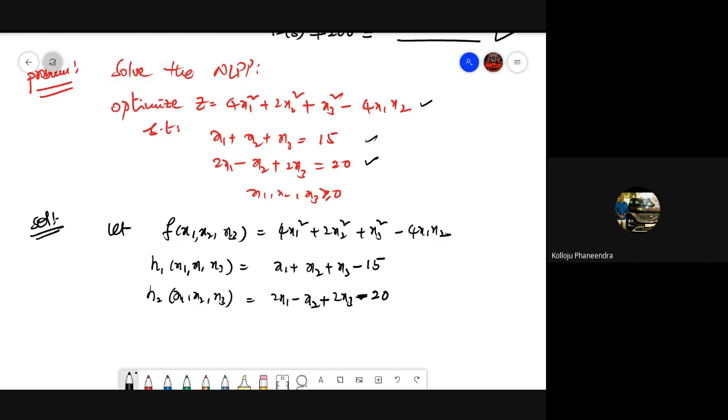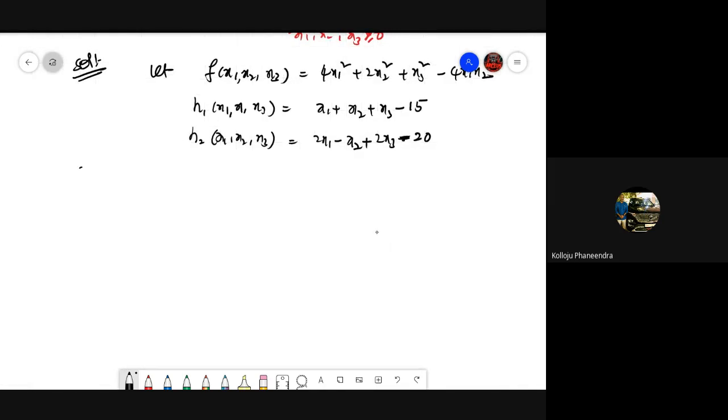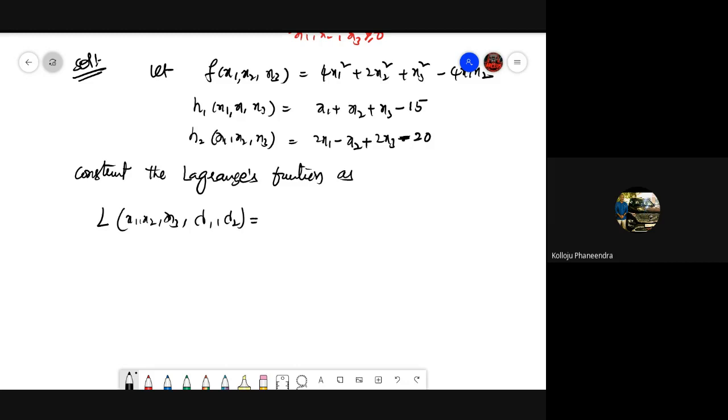Now construct the Lagrange's function L. How many variables? x1, x2, x3. And how many constraints? 2 constraints are there, therefore 2 Lagrange's multipliers. So I will write function of x1, x2, x3 minus lambda 1 into the first constraint, minus lambda 2 into the second constraint.